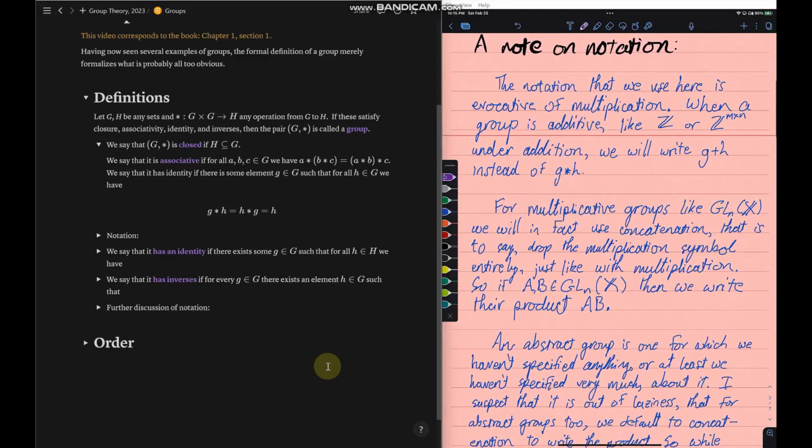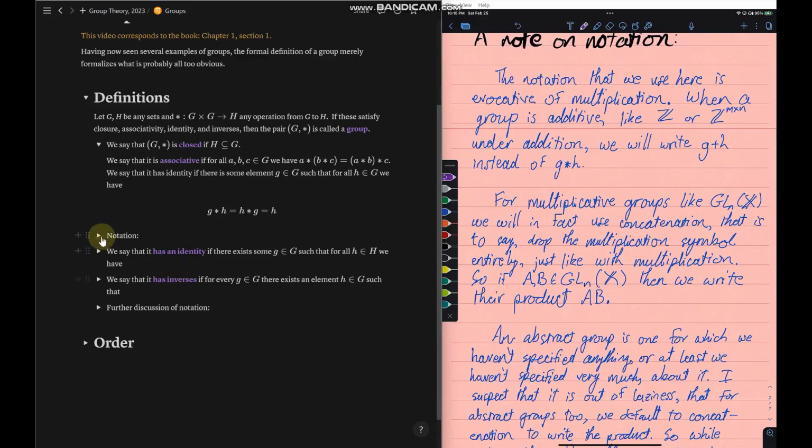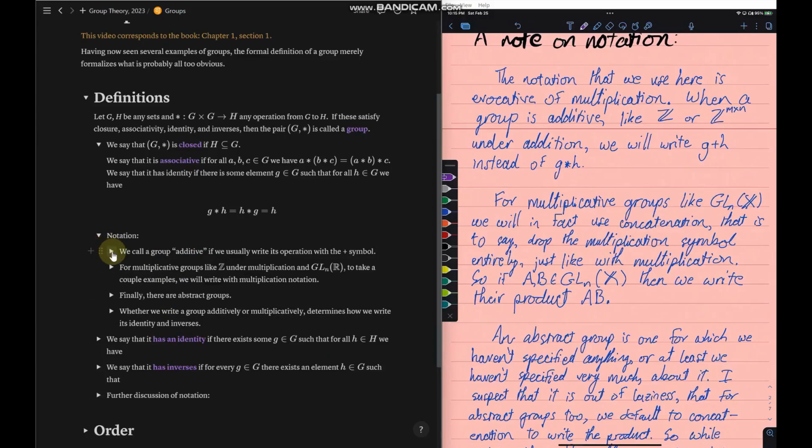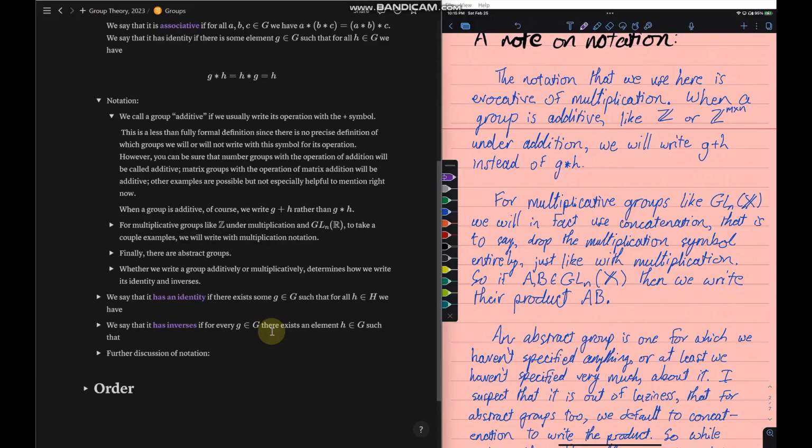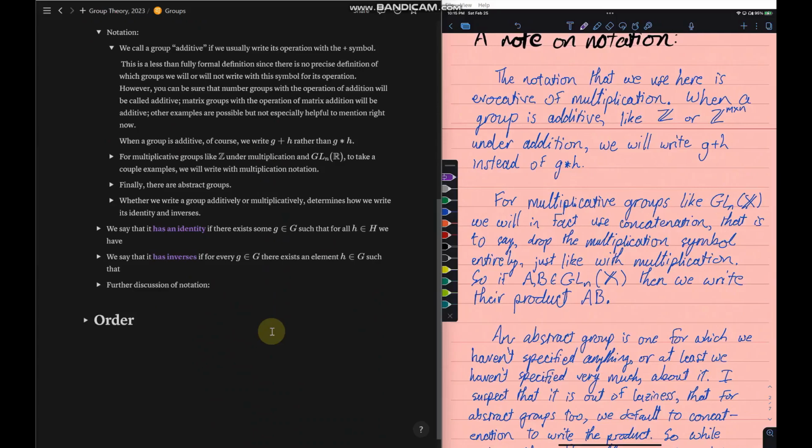Before moving on, a note about notation. The notation that we use here is evocative of multiplication. When a group is additive, like the integers or even m by n matrices under addition with integer coordinates, for instance, although others are possible as well, we will write with the plus symbol between the elements.